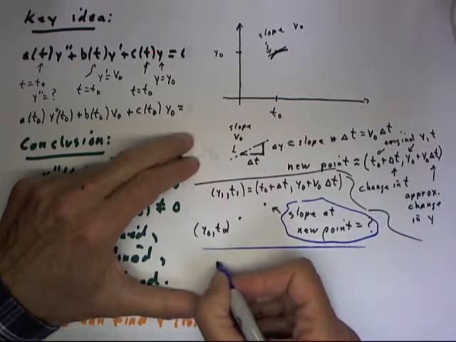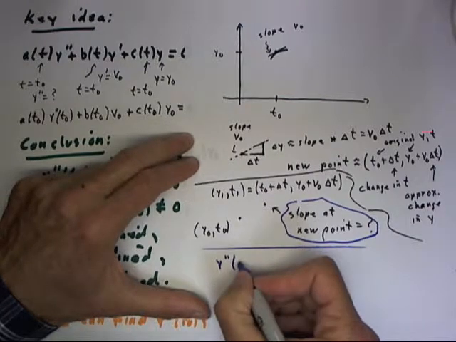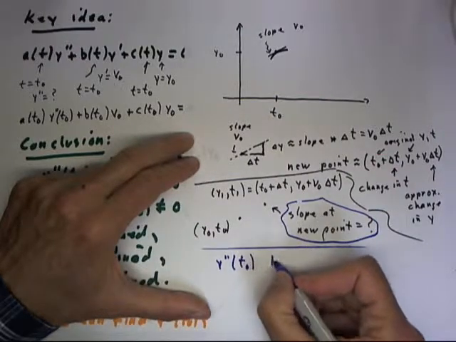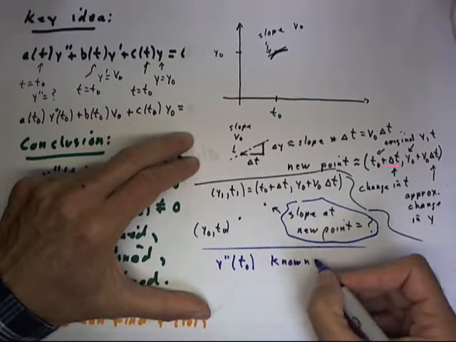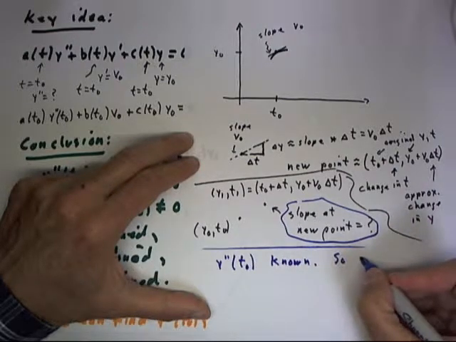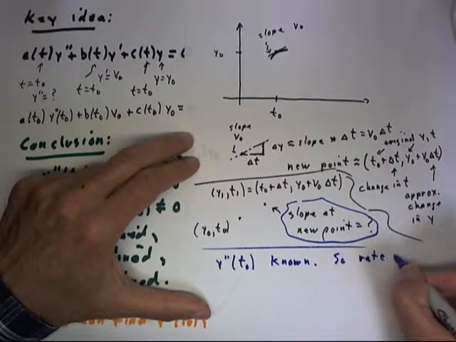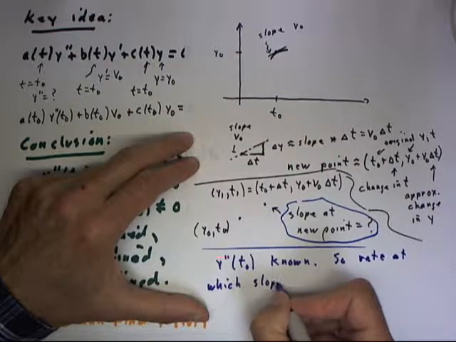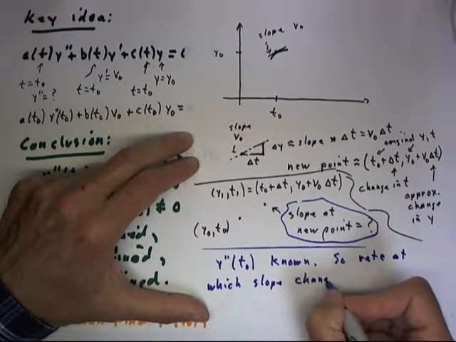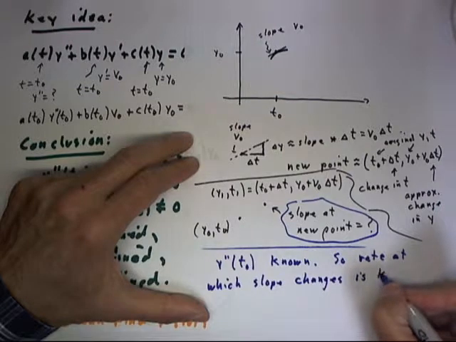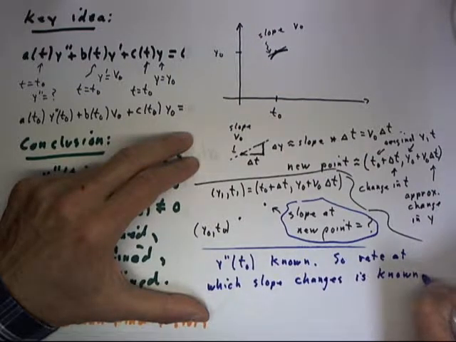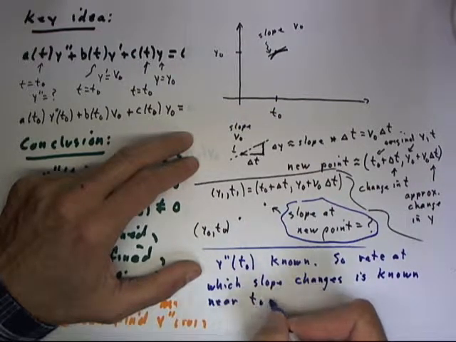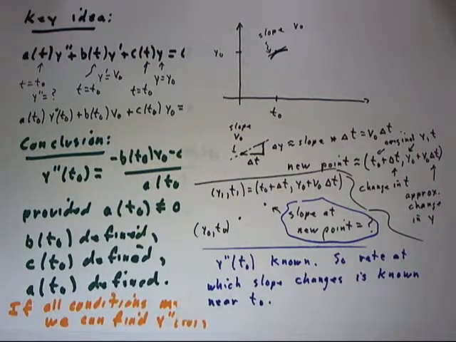Well, we know that y double prime at t0 is known. So the rate at which the slope changes is known near the point t0.